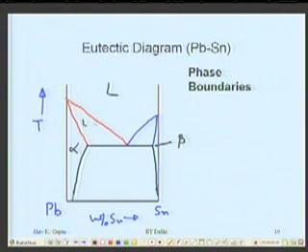Here are liquid and alpha phase field, liquid and beta phase field, alpha and beta phase field.